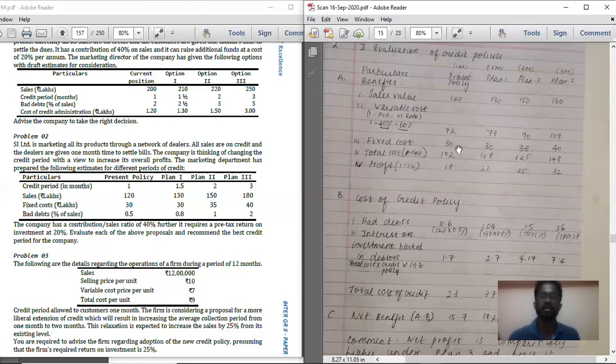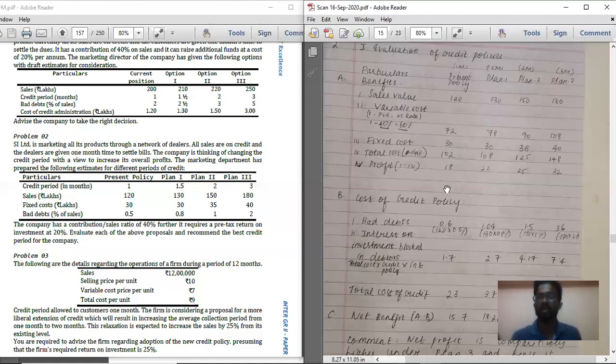Below that, small Roman number 5, profit. Open a bracket: small Roman number 1 minus small Roman number 4. Close the bracket. Total sales value is 120 and total cost is 102. If you subtract, you will get profit. So for present policy, 18.